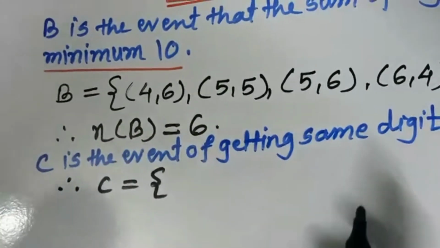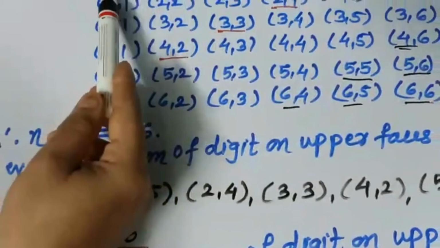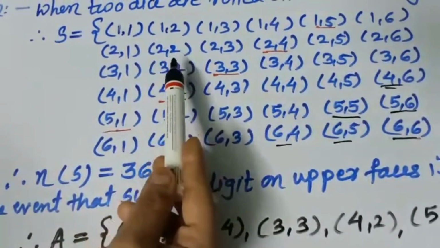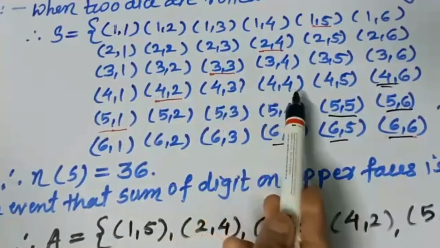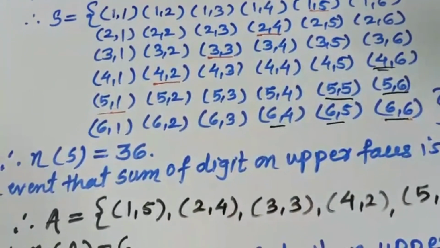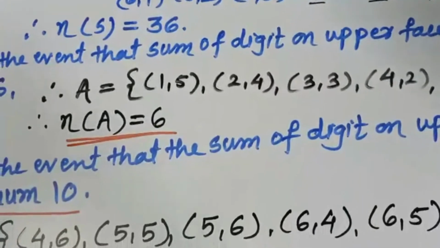Same digit means, for example, in the first line 1 1, then in the second line 2 2, then 3 3, 4 4, 5 5 and 6 6. So these are called the same digit on upper faces. These points will come in this C event.